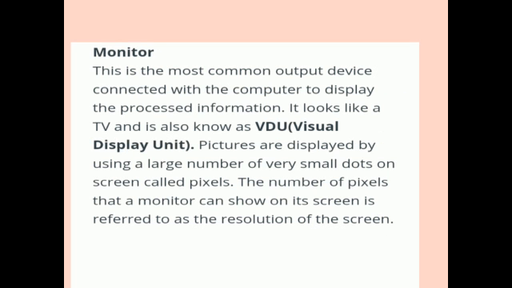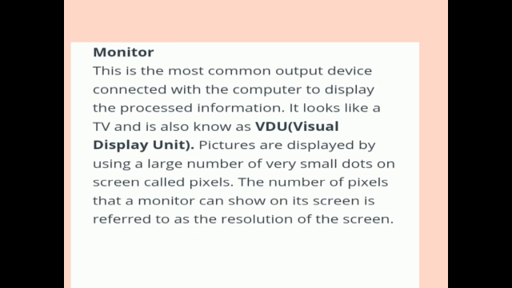First, monitor. This is the most common output device connected with the computer to display the processed information. It looks like a TV and is also known as visual display unit. Pictures are displayed by using a large number of very small dots on the screen called pixels. The number of pixels that a monitor can show on its screen is referred to as the resolution of the screen.